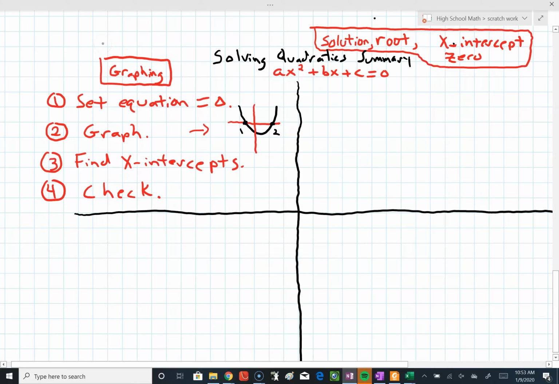Next, factoring. Just like with graphing, we'll first set the equation equal to 0. Then we will factor.